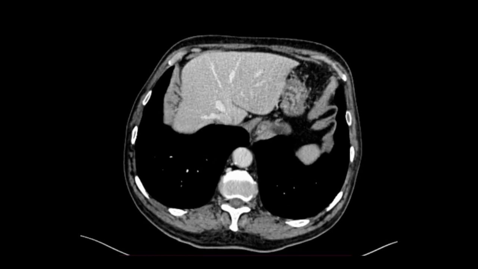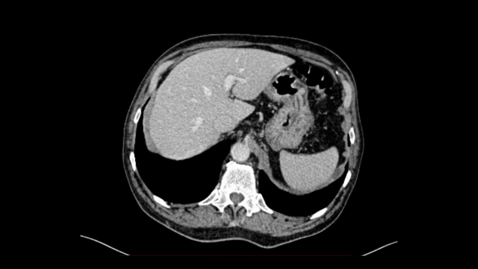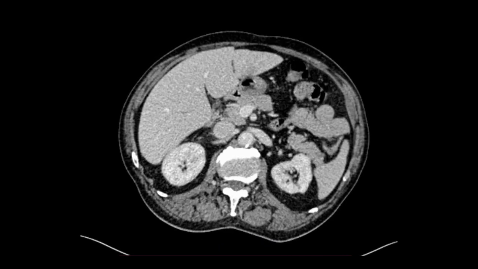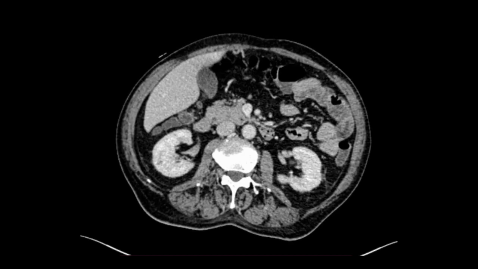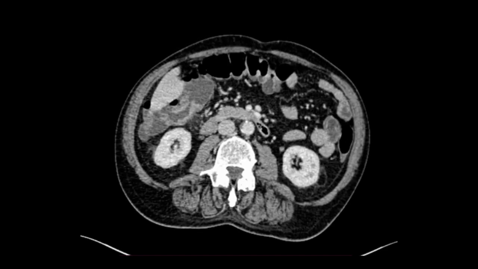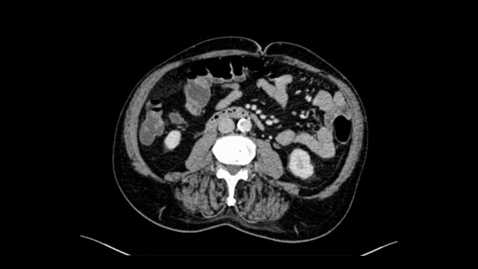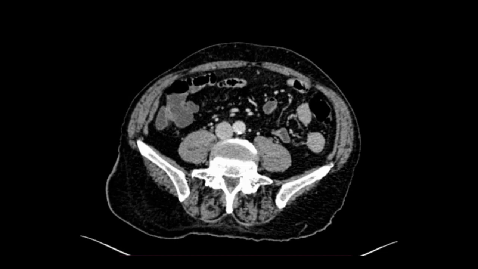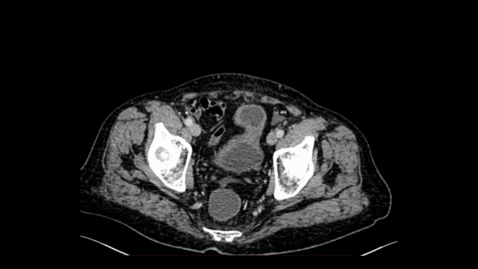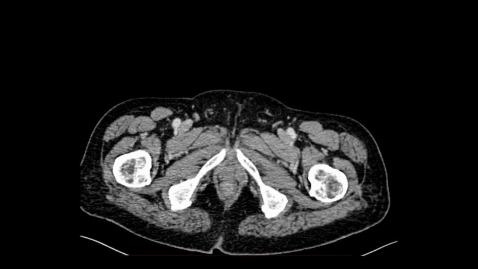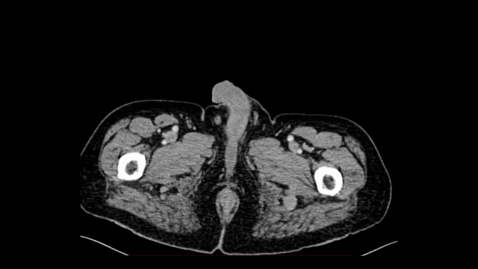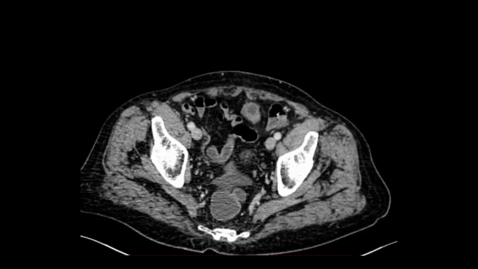Okay, and I'll go down again. I'm sure most of you would have identified a lesion in this scan.